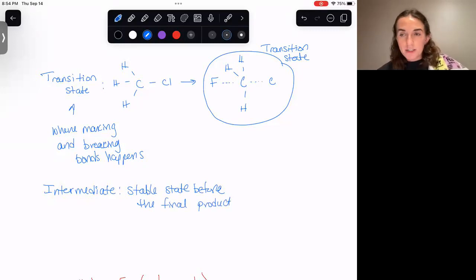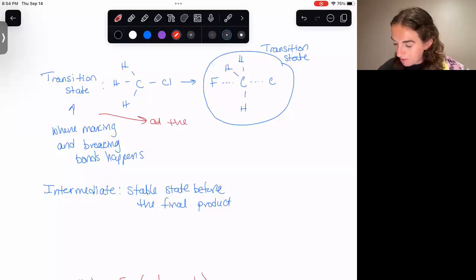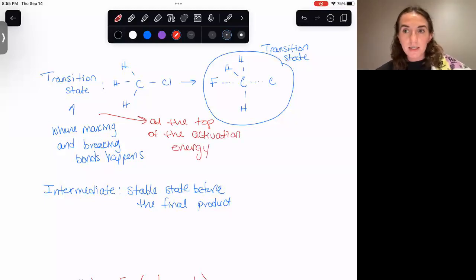Your transition state is what happens at the top of the activation energy. You need activation energy to get to your transition state. Once you get to your transition state, that's when it can fall to your products or fall to your intermediate.